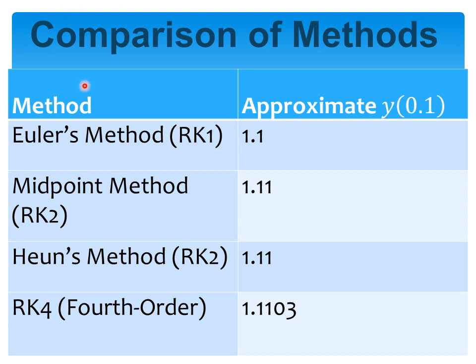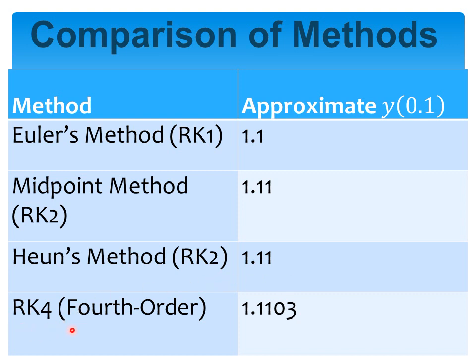Comparison of methods. Now you can see here, if we use Euler's method or RK1, then we get the value 1.1. If we use the midpoint method, meaning RK2, then we get 1.11. If we use Heun's method, RK2, then we get 1.11.